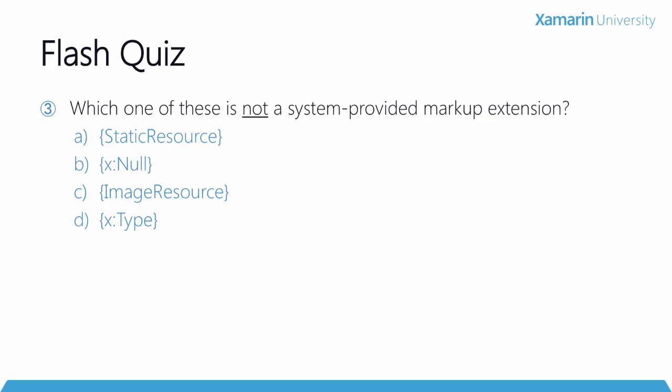Question 3. Which one of these is not a system-provided markup extension? Is it A, StaticResource, B, x:Null, C, ImageResource, or D, x:Type? ImageResource is not a system-provided markup extension, but you could create your own markup extension to do whatever you need to do there.